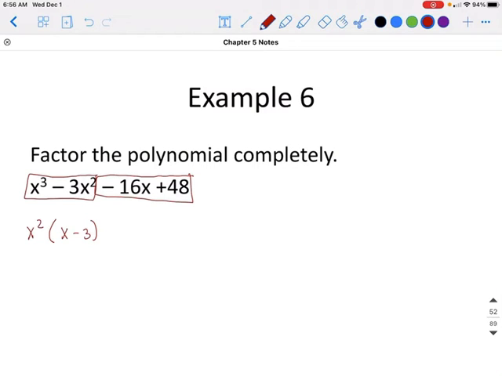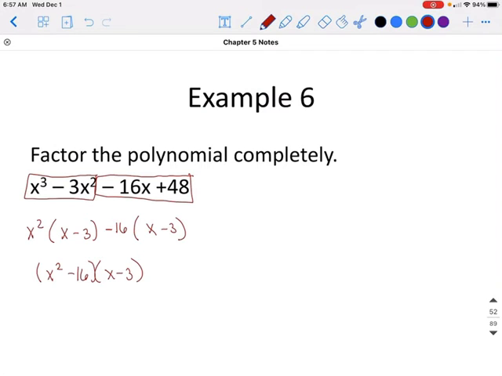And the next group, negative 16 goes into both of them. Negative 16x divided by negative 16 leaves me with x, and 48 divided by negative 16 leaves me with a negative 3. Remember, your goal is to end up with what's inside the parentheses to be the same for both of them. So this will give us x squared minus 16 times x minus 3.